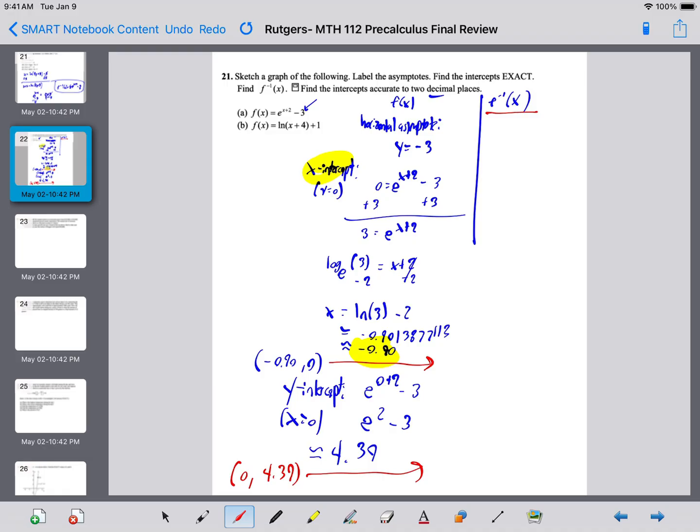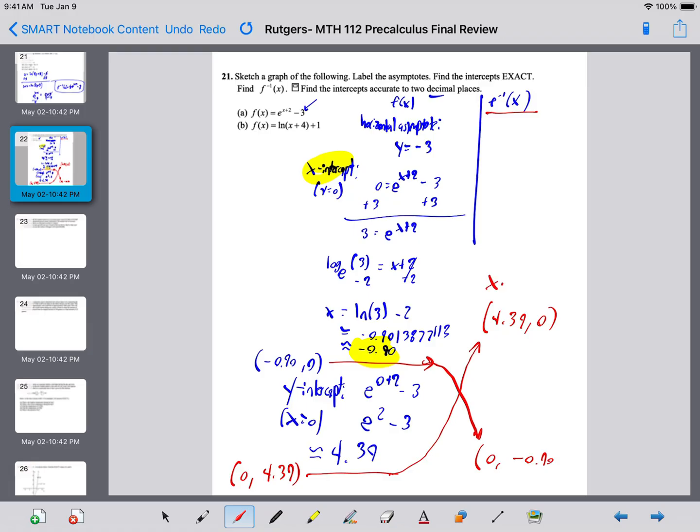So this is going to switch to be 0, negative 0.90 on the inverse. And this is going to switch to be 4.39, 0 on the inverse.